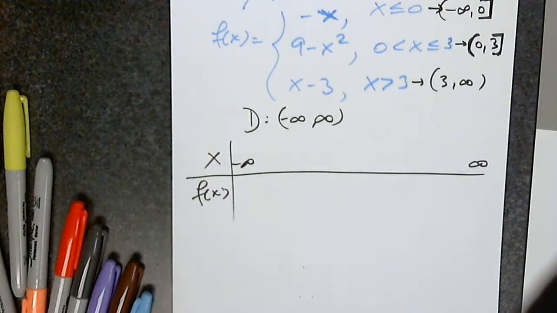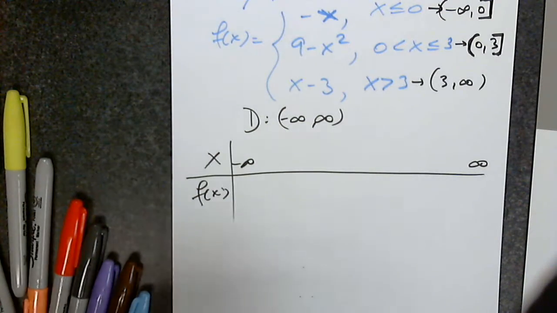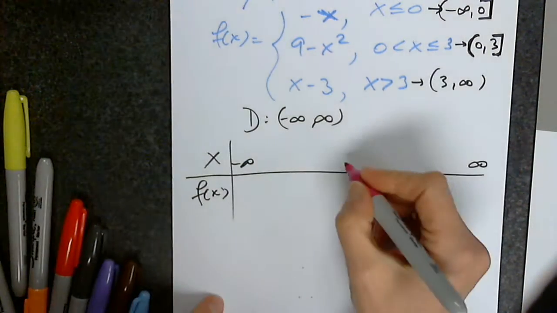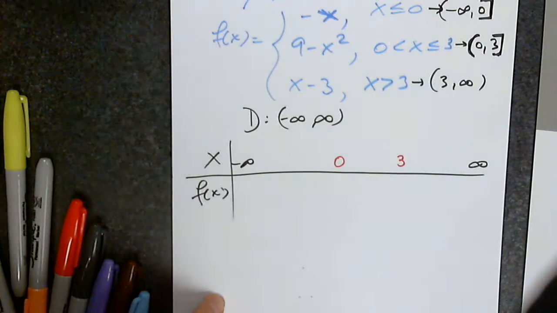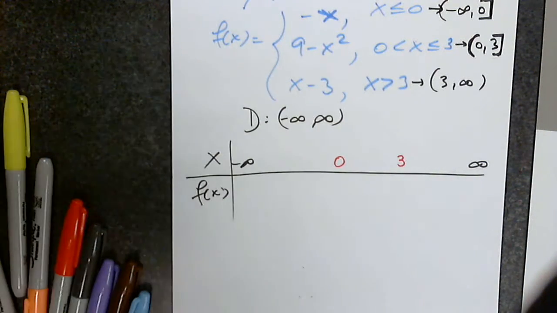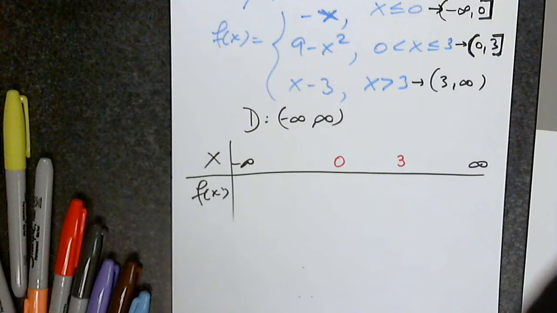And those values are 0 and 3. Why? Because that's where change occurs from one function to the other.